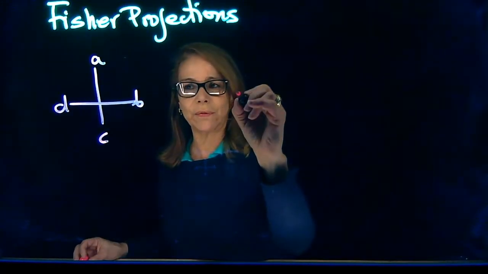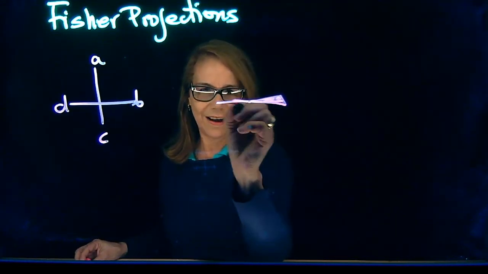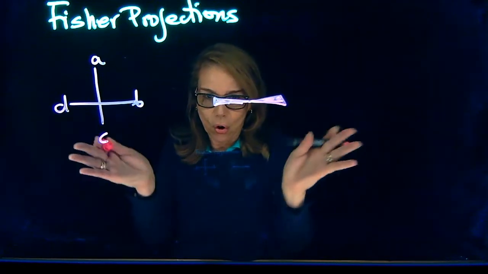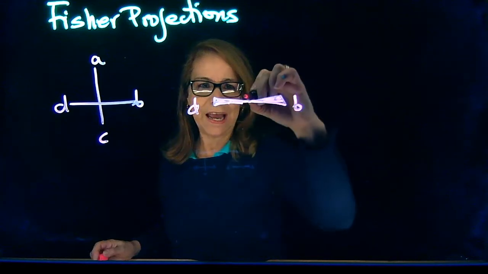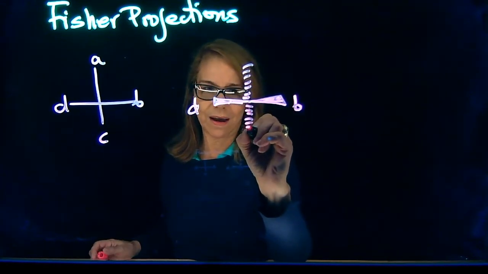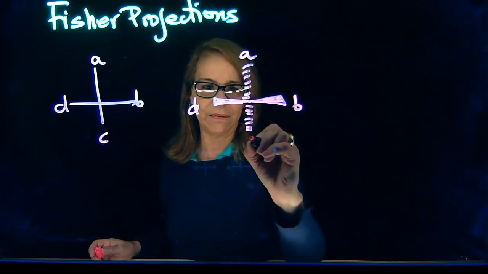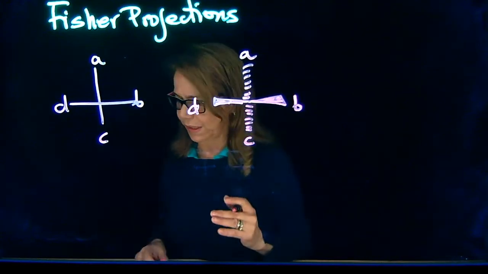The convention for the Fischer is that the lines that go horizontal are wedges, so coming towards you. And so here we have B and D. And vertical lines mean they are away from your view. So here I have A and C. That's the convention.